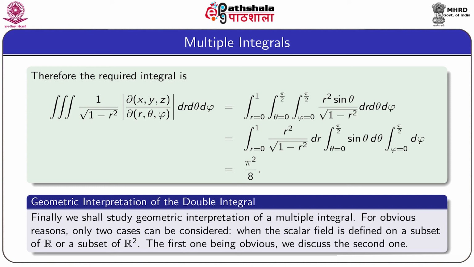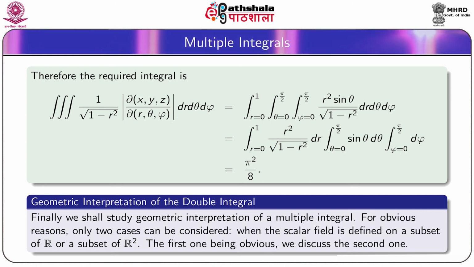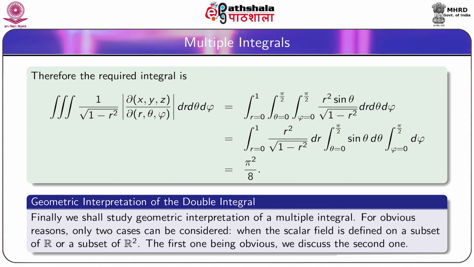First, when the scalar field is defined on a subset of R, that is, whenever we consider the Riemann integral, the geometric interpretation is that we evaluate the signed area bounded by the graph of the function, the vertical lines corresponding to the limits of integration, and the x-axis. Second, whenever the scalar field is defined on a subset of R2, we discuss it here.